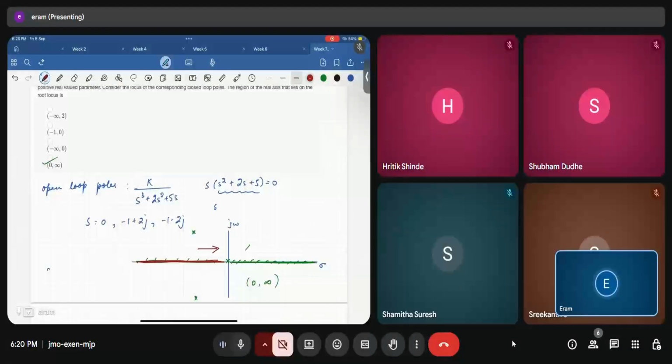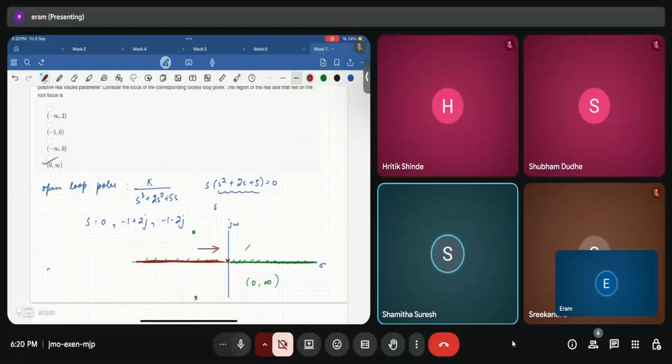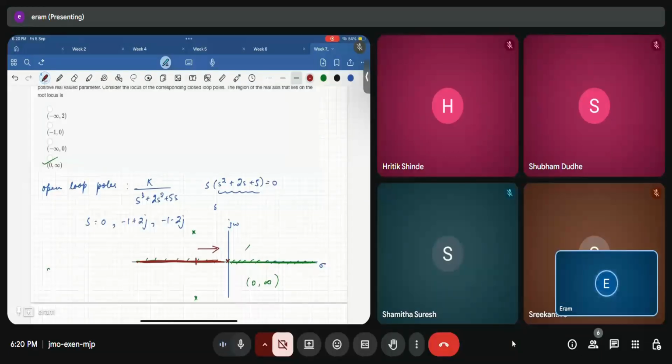Only one, that is the 0. You can pick any point like this, and to the right of it there is only one pole lying on the real axis. Since we have no zero, we have encountered an odd number of poles.